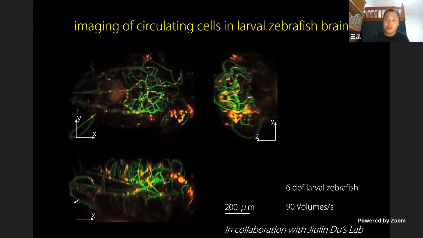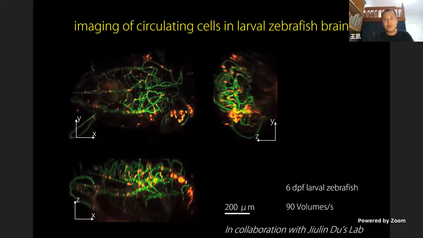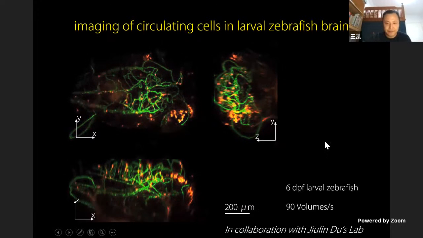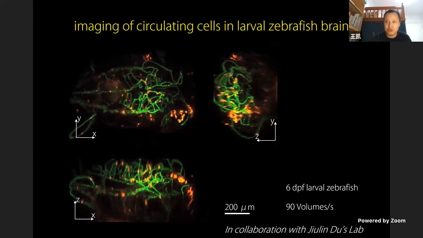Okay, in this method, we just take one picture, we get a volume, and it can run very fast. For example, we can image fast circulating blood cells in a living zebrafish brain, which is very challenging for traditional scanning-based imaging technology to achieve.